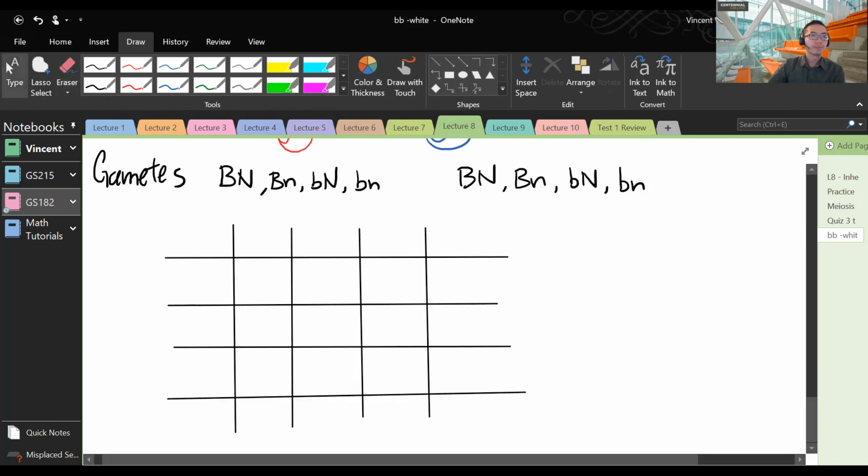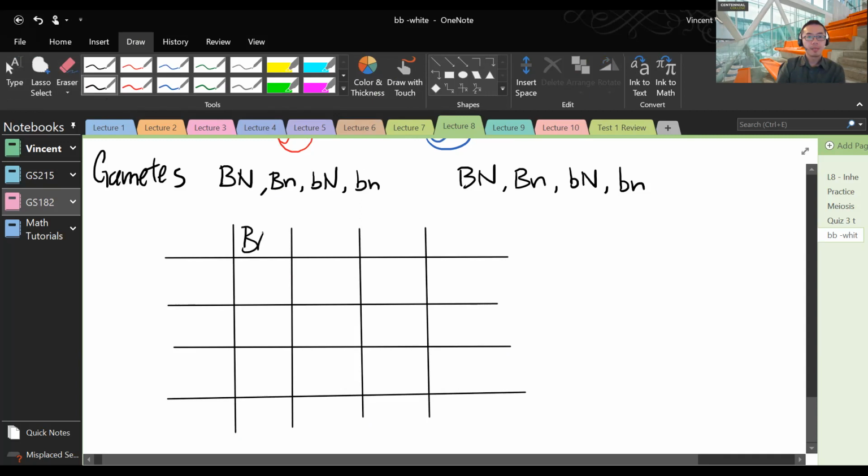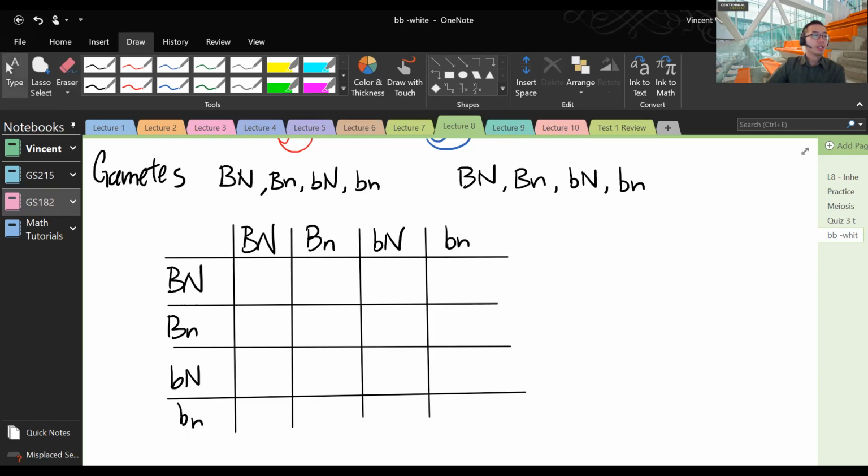Let's put the gametes here: big B big N, big B small n, small b big N, small b small n. Like that. So these are gametes from one parent, and this is gametes from the other parent. Again, I'm going to give you a moment to catch up.